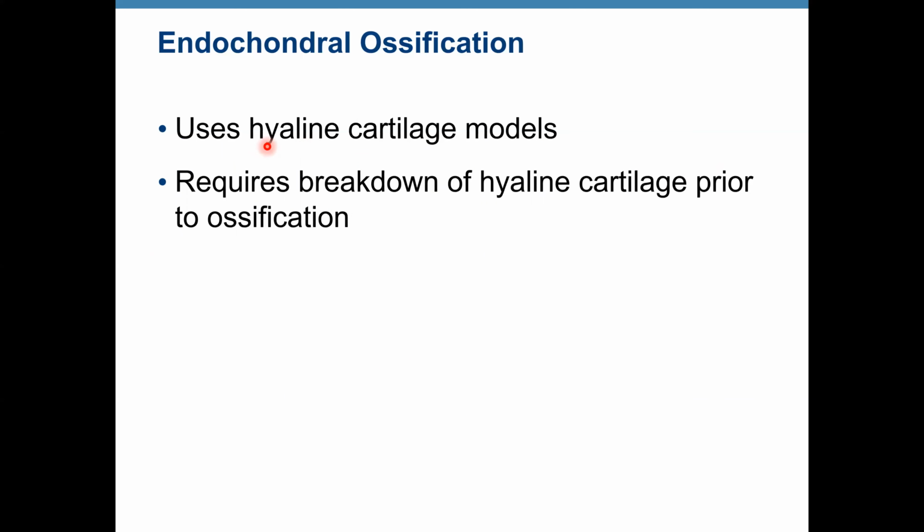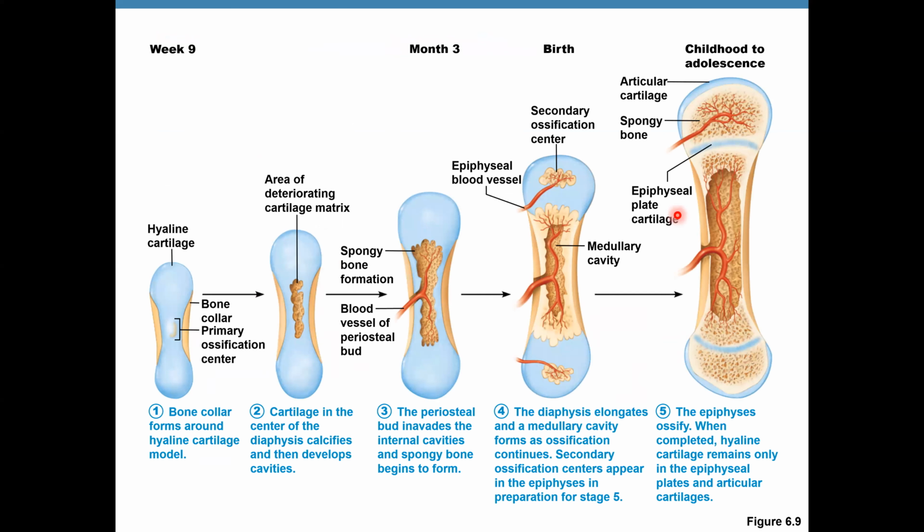Endochondral ossification uses hyaline cartilage models, and it requires breakdown of hyaline cartilage prior to ossification. So over here, again, a brief introduction to endochondral ossification. It starts with the hyaline cartilage model, then development of the bone collar. So it's formed around the cartilage model over here. Then inside we have deterioration of cartilage matrix.